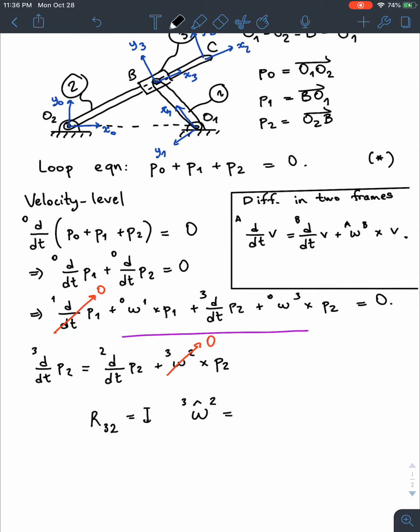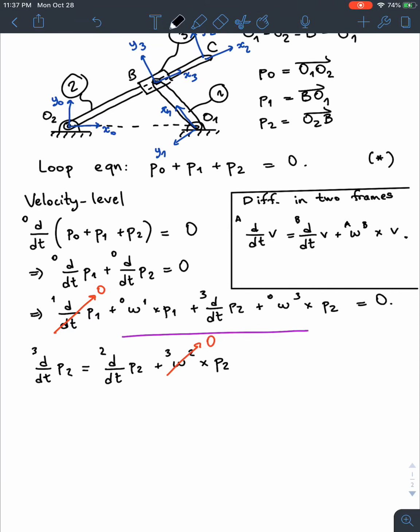The skew symmetric matrix that corresponds to the angular velocity would be given by R32 dot, R32 transpose. But R32 dot is 0 because R32 is always the identity matrix, and the identity matrix is a constant matrix. The derivative of a constant matrix is 0, which means the angular velocity of 2 and 3 is 0.